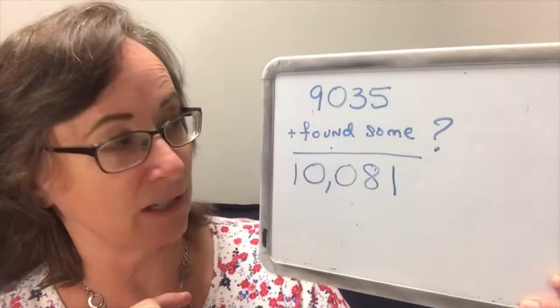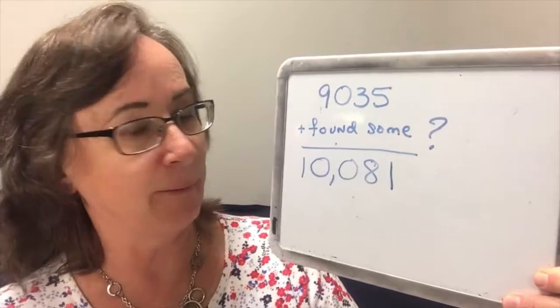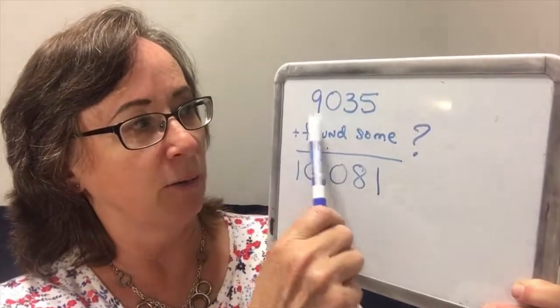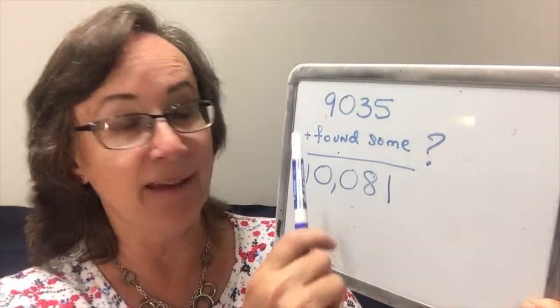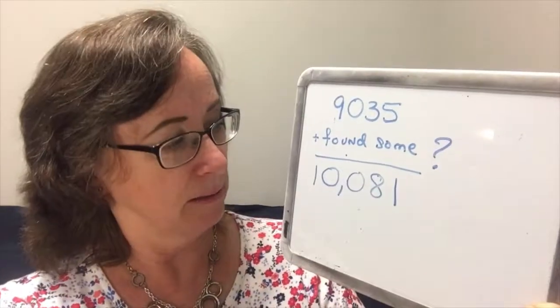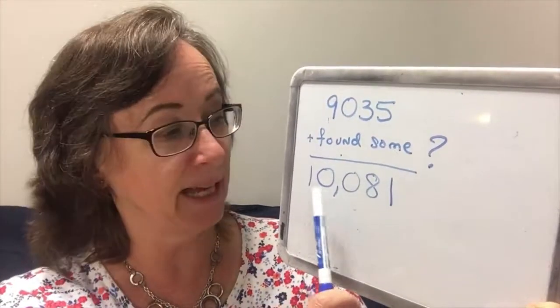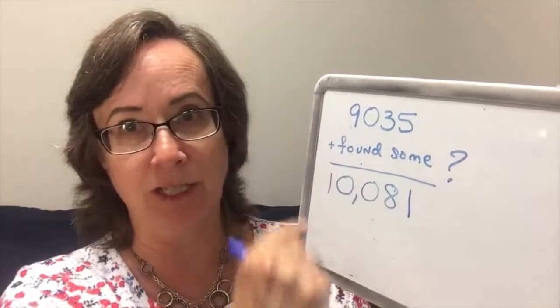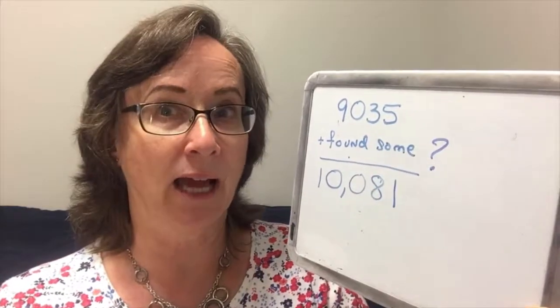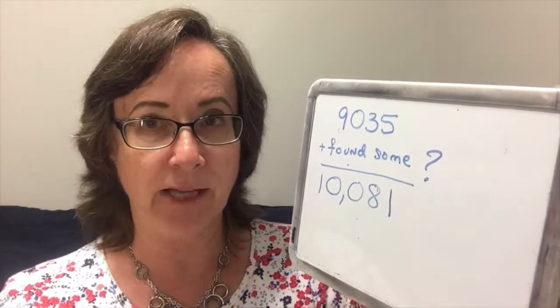Here is the answer format. Okay, we haven't worked it yet. So 9,035 to start with, and then found some more and wound up with 10,081. So we have an addition problem, which we can undo with a subtraction problem.